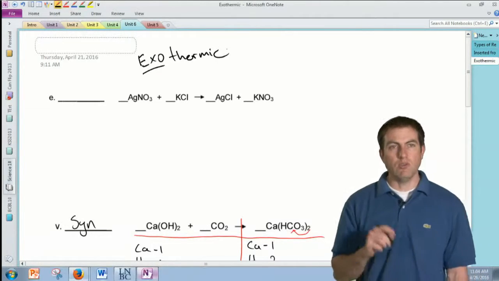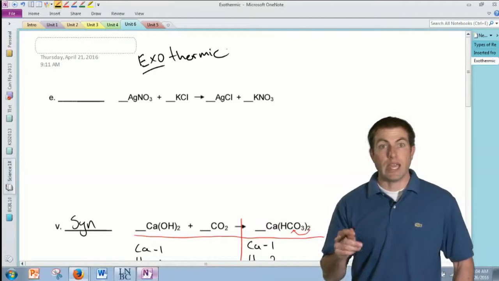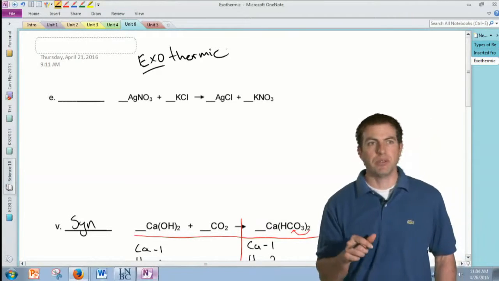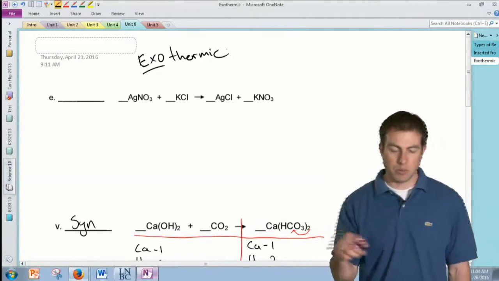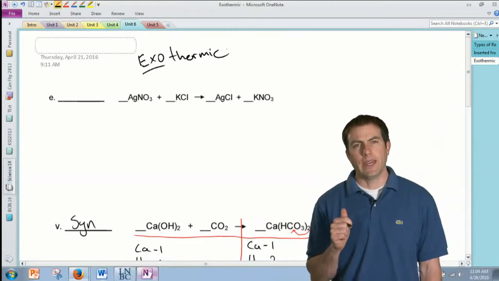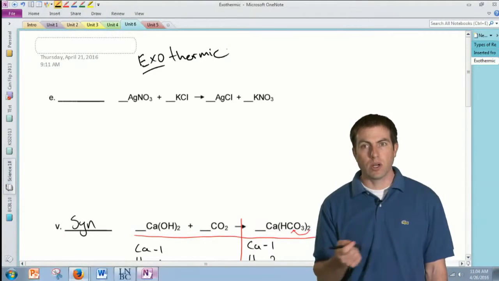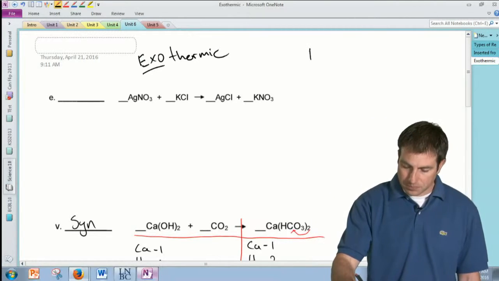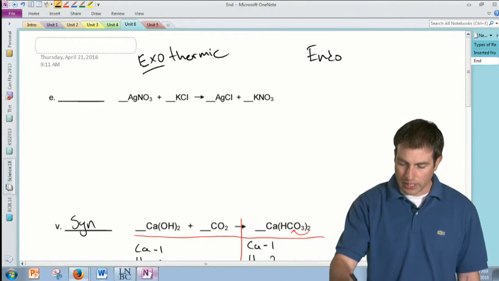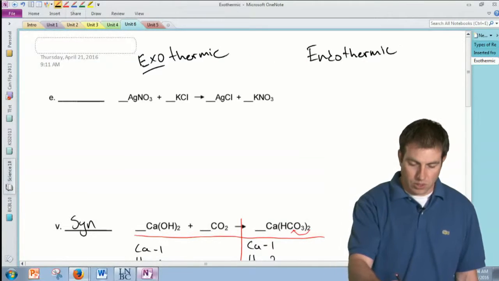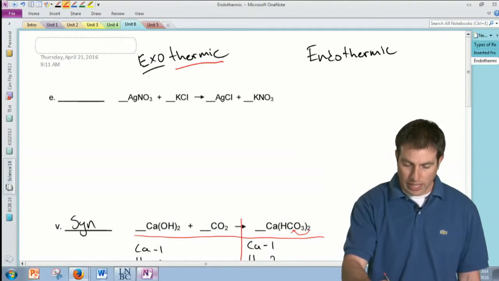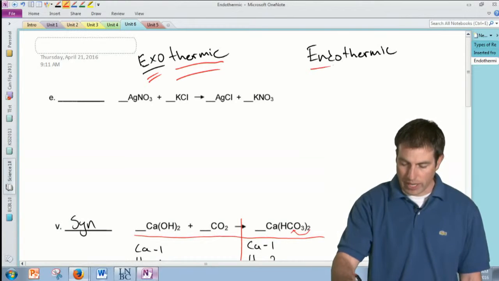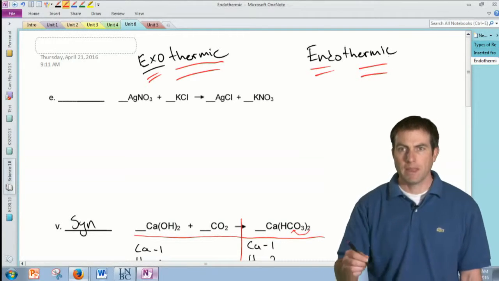Any words that you know that have exo as a prefix? Think of words that have exo to begin with, and think of what that means. And then endothermic. So 2 parts to the word, exo and thermic, and then we have endo and thermic.